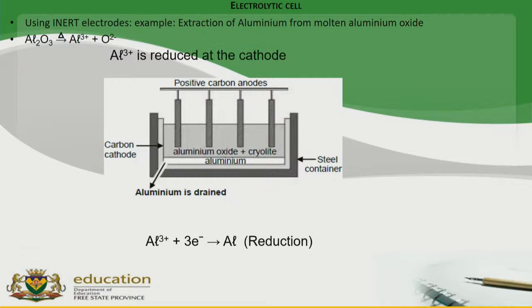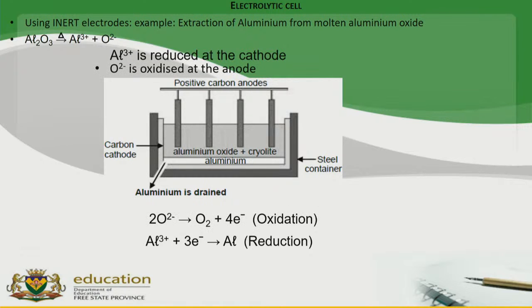Now, aluminium ions will undergo reduction at the cathode. By the way, your cathode and your anode are carbon rods. So carbon rods are inert. They do not take part in the reaction. So the reaction will be of your electrolyte. Aluminium ions will undergo reduction to form aluminium, and as aluminium is formed, it is drained at the bottom.